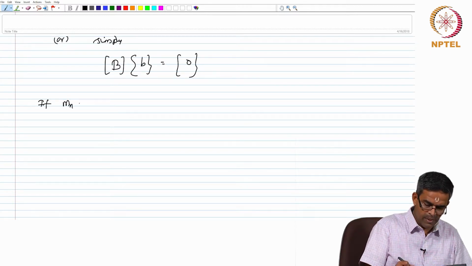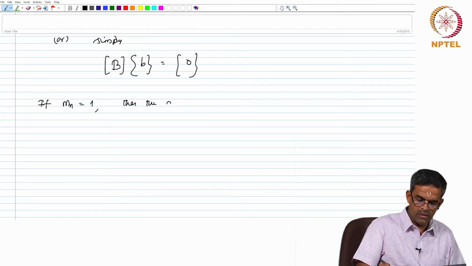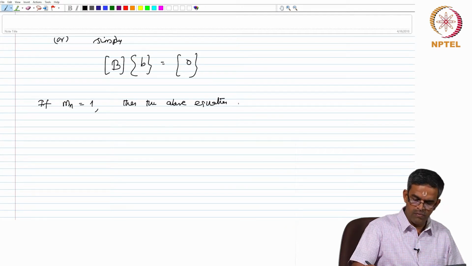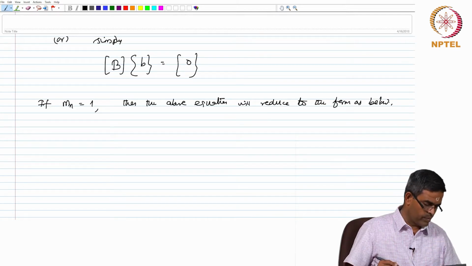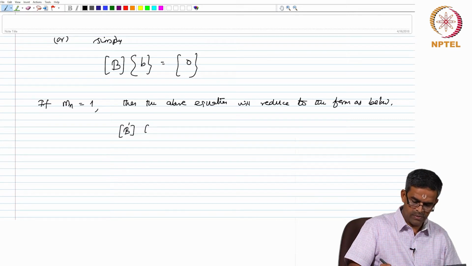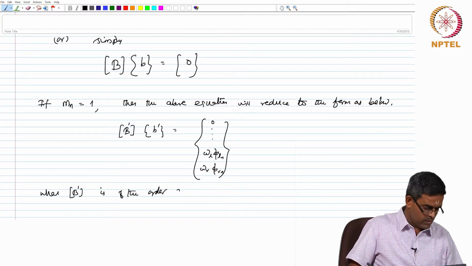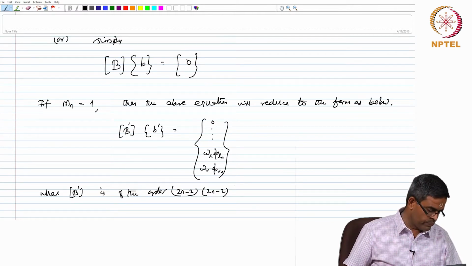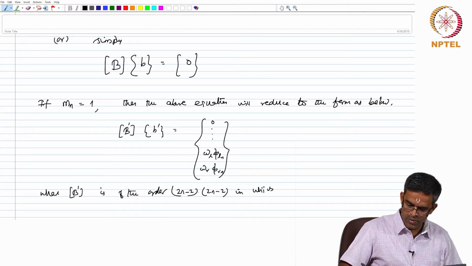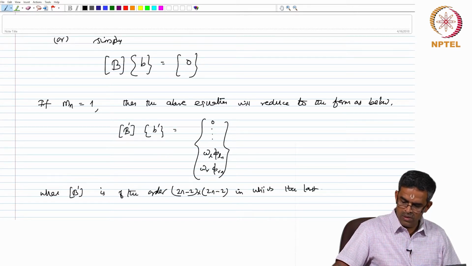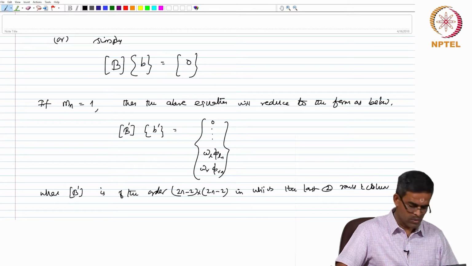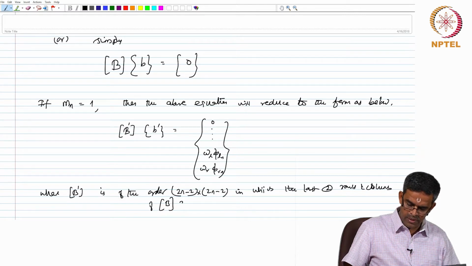Now, if Mn is equal to unity, then the above equation will reduce to the form B dash is equal to 0, omega L phi Ln, omega R phi Rn, where B prime is of the order 2n minus 2, 2n minus 2, in which the last two rows and columns of B matrix are eliminated.